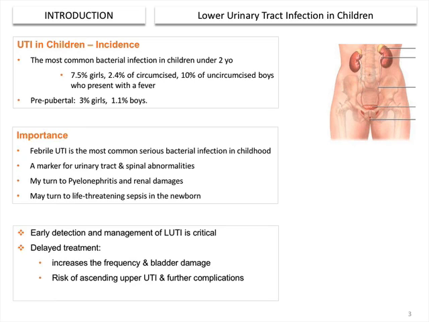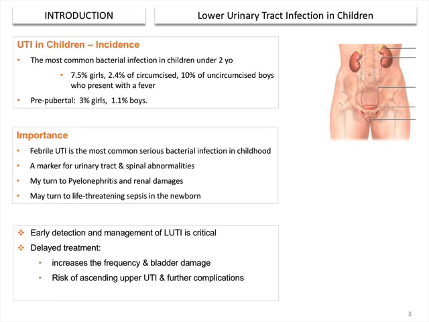The importance of UTI is that febrile UTI is the most common serious bacterial infection in childhood. It can be a marker of urinary tract abnormalities as well as spinal cord abnormalities. If untreated, it can easily turn to pyelonephritis and associated complications, renal scars, and even life-threatening conditions like sepsis, especially in the newborn.